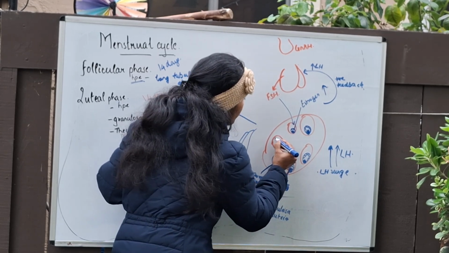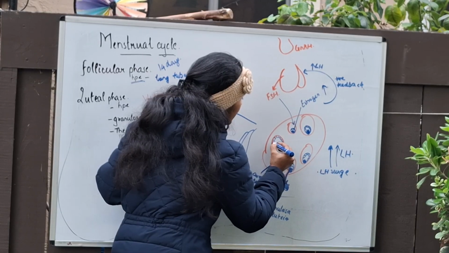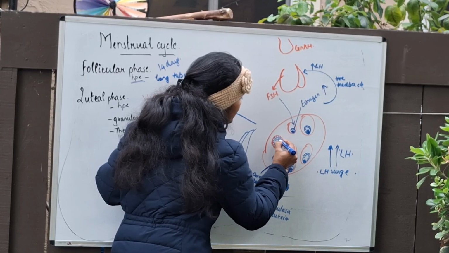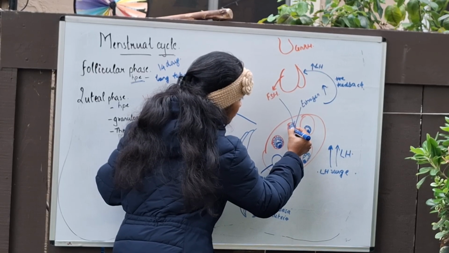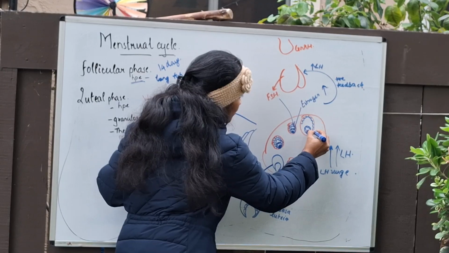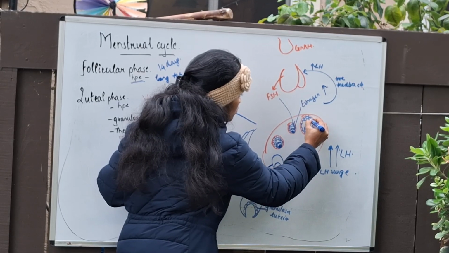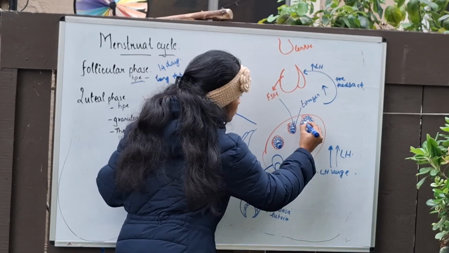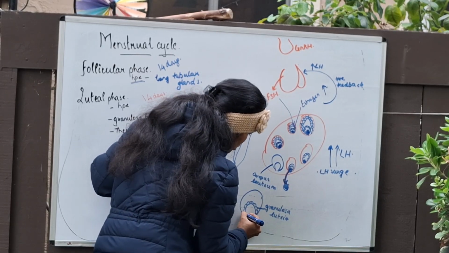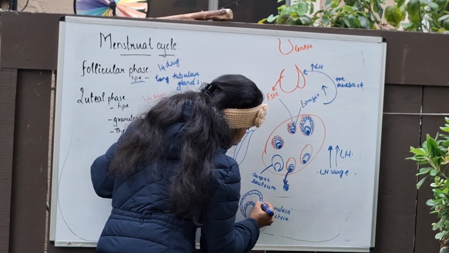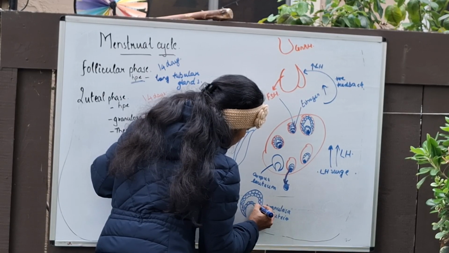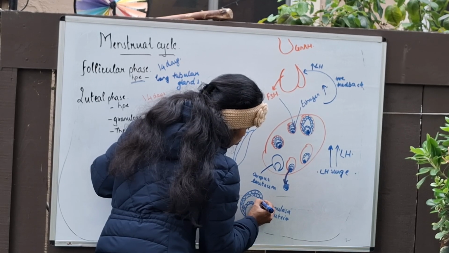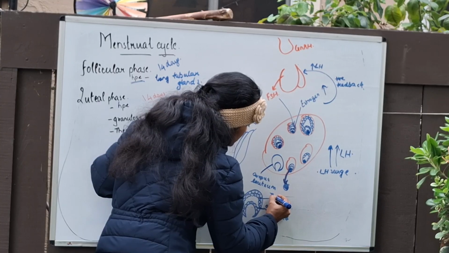And we also have theca externa cells in the Graafian follicle as well as the theca interna cells in the Graafian follicle. The theca interna cells which were present in the Graafian follicle are known as the theca lutein.